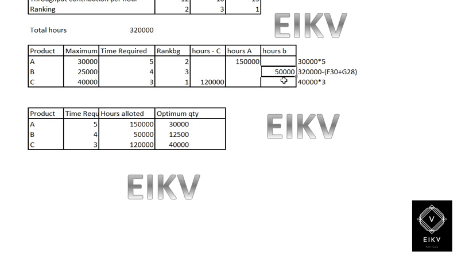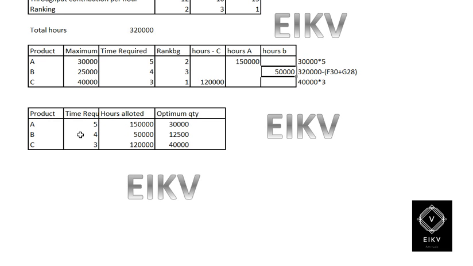Next we compute the optimum mix which will give the maximum throughput contribution. I have prepared a table containing product, time required, hours allotted, and optimum quantity.